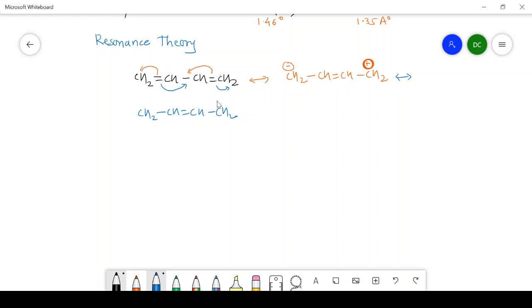Now, this carbon possesses negative charge and this carbon possesses positive charge. Along with this, we will write this type of structure also, in which terminal carbon possesses a single electron.